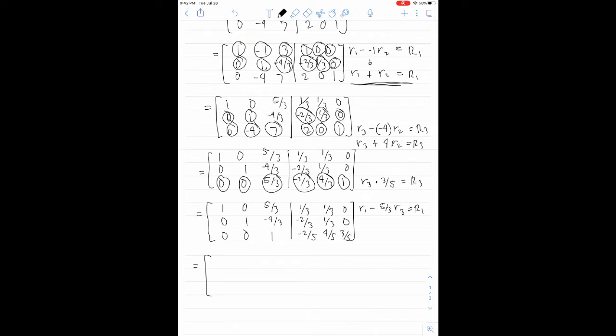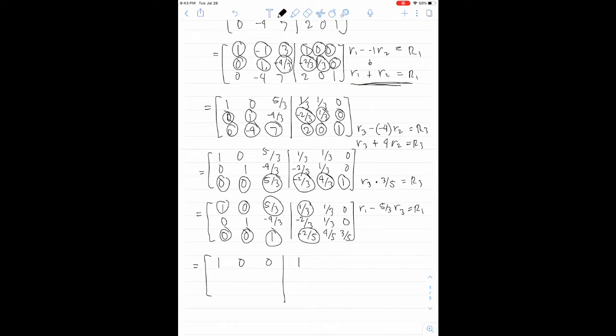So, kani man mausab man ni siya, so ato ang i-sabon. R sub 1 is 1 minus 5/3 times r sub 3 is 0. This is 1. 0 minus 5/3 times 0 is 0. 5/3 minus 5/3 times 1 is 0. Then 1/3 minus 5/3 times r sub 3 is negative 2/5. It's just, so 1/3 minus 5/3 times negative 2/5.